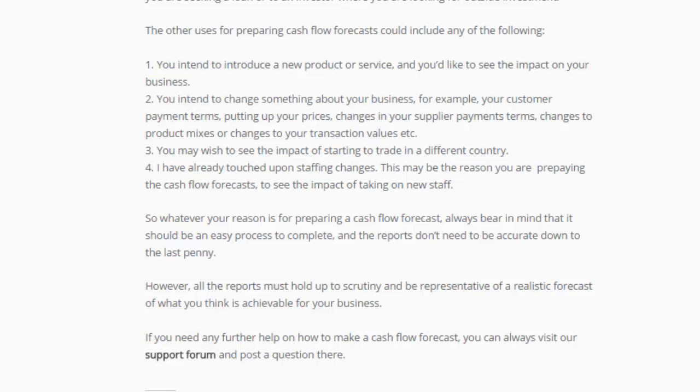It should be straightforward. But more importantly, your reports must be able to hold up to scrutiny, and they must represent a realistic forecast of what is achievable within your business.